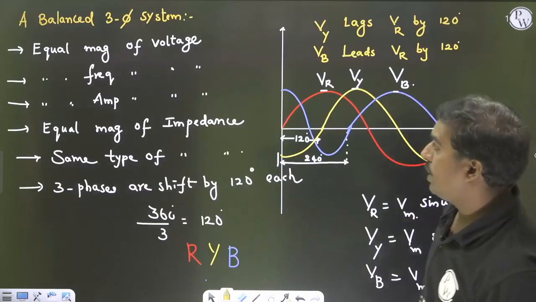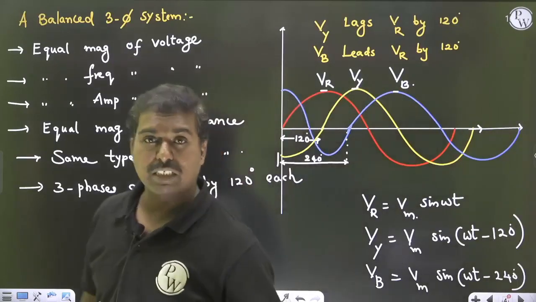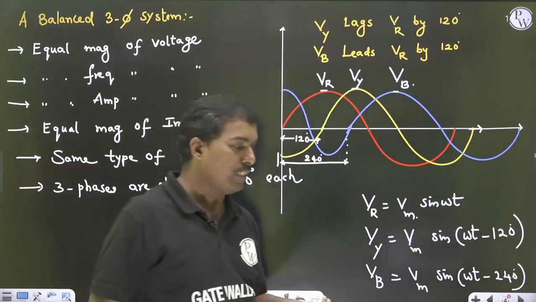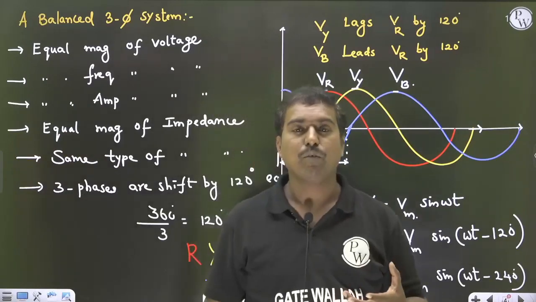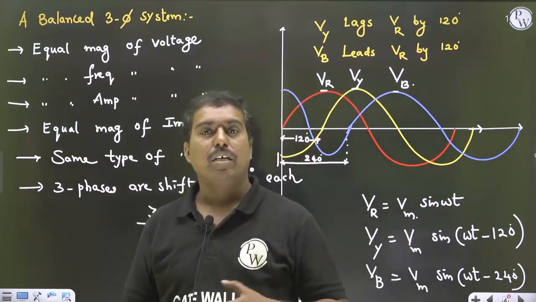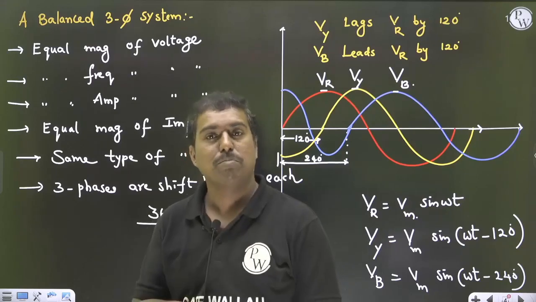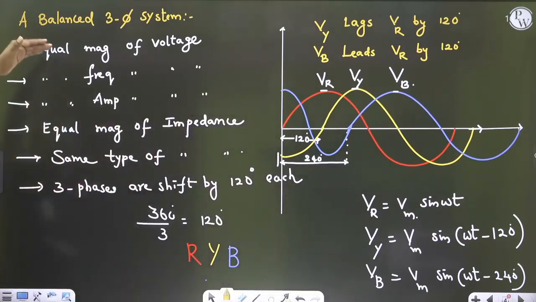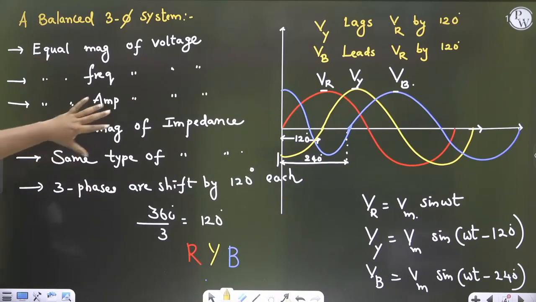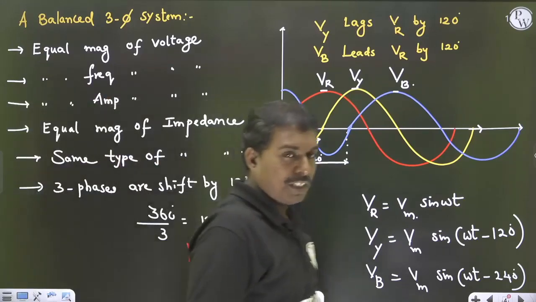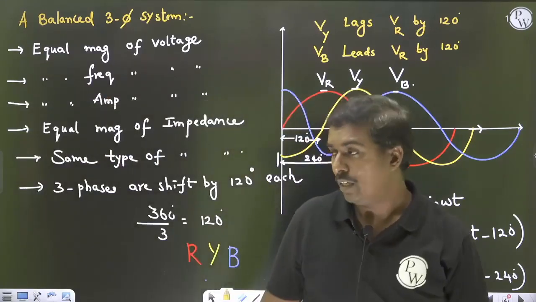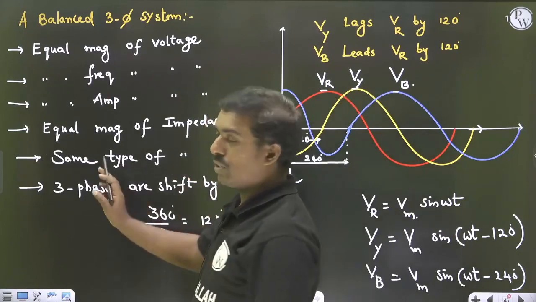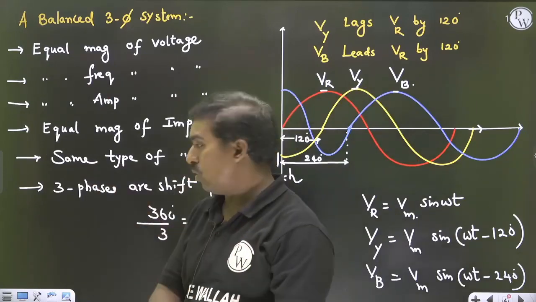In the next slide, what is a balanced three-phase system? Especially instrumentation students should be aware of these words: balanced three-phase, unbalanced system, symmetrical, asymmetrical. Balanced three-phase system means equal magnitude of voltage, equal frequency of voltage, equal amplitude of voltage. Equal magnitude of impedance, and the type of the impedance is also the same.